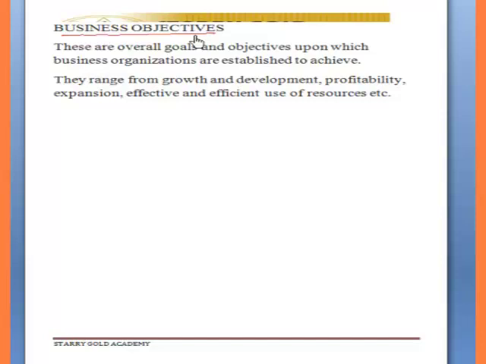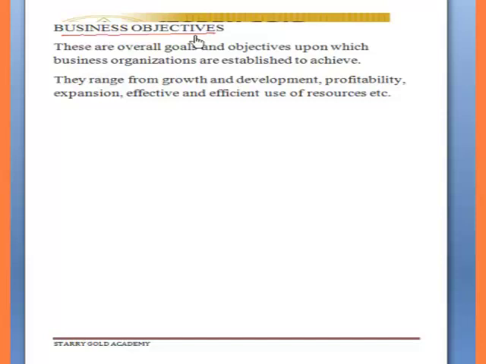So business activities have been discussed extensively as those productive activities and other assigned responsibilities which are given to a particular function or department within a given organization in order to achieve set goals and objectives upon which the organization is based.